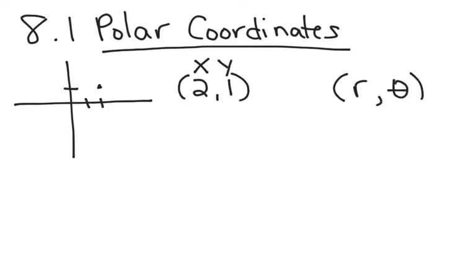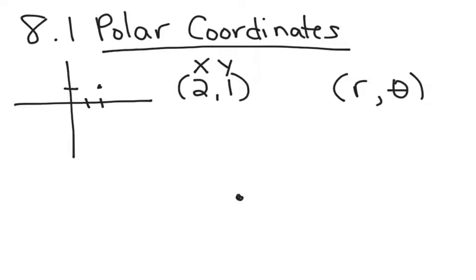Instead of x and y, our polar coordinates are going to use r and theta, where r represents a radius from a central location, and theta is going to represent an angle. We've already talked about radii of circles and angle measurements in radians on the coordinate plane. This is going to work the same way.